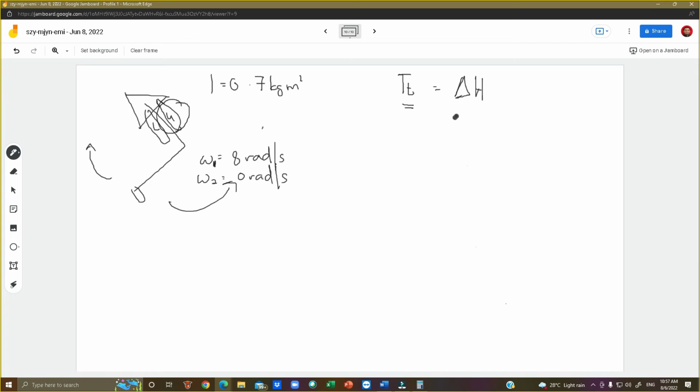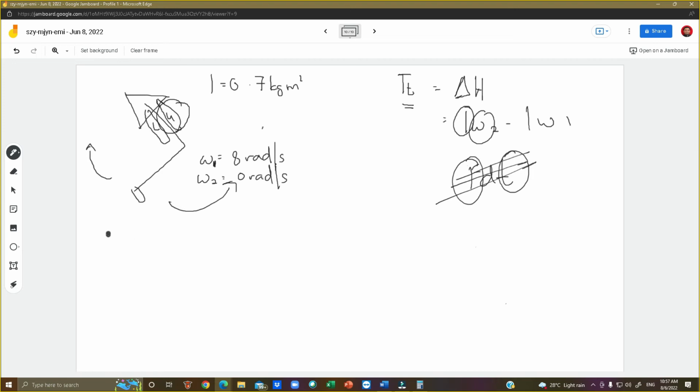Because change of momentum is I omega 2 minus I omega 1. We have I. We have omega. That is the reason. Why don't we use impulse equals F dt? Do we have F? No. Do we have t? No. That is how you choose which equation to use.